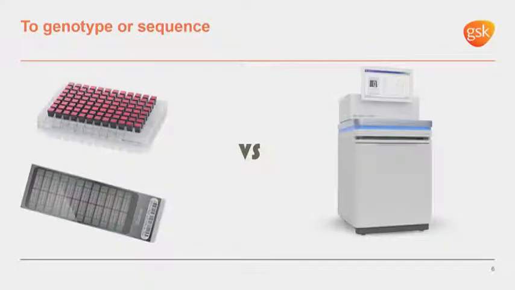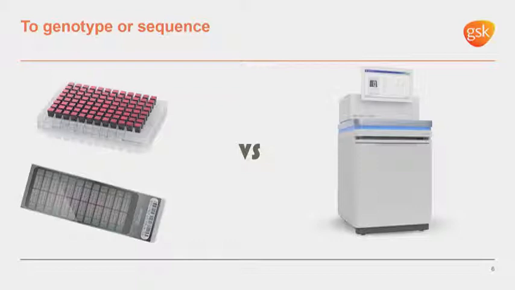So shifting gears: to genotype or to sequence. For those who aren't geneticists in the audience, the distinction between those two: on the right-hand side, by sequencing, we're essentially capturing nearly every single nucleotide or pair of nucleotides in our human genome for each individual. You can differentiate the sequencing into two different types.